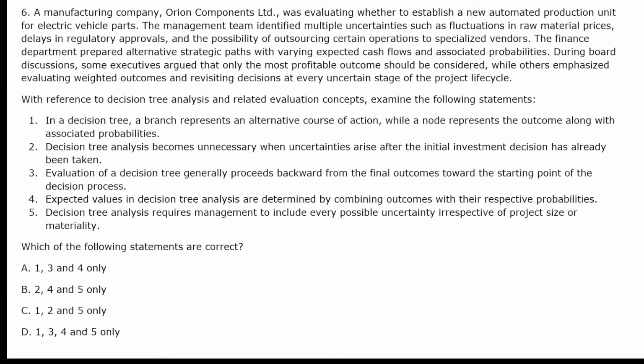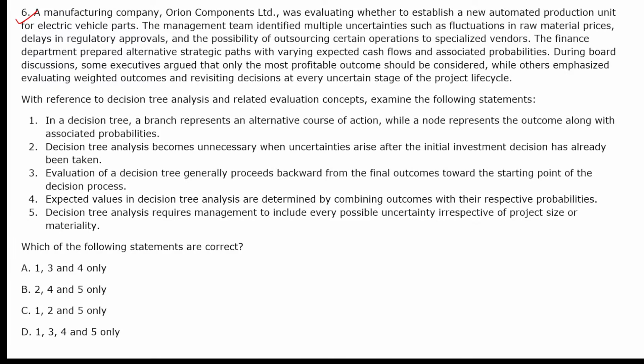Next question. A manufacturing company was evaluating whether to establish a new automated production unit for electric vehicle parts. The management team identified multiple uncertainties such as fluctuation in raw material, delay in regulatory approval, and the possibility of outsourcing certain operations. The finance department prepared alternative strategy paths with varying expected cash flows and associated probabilities.